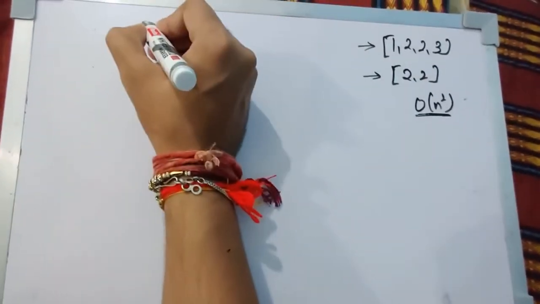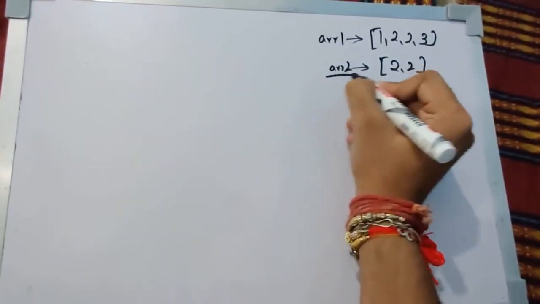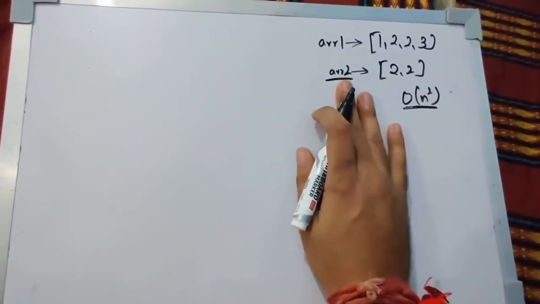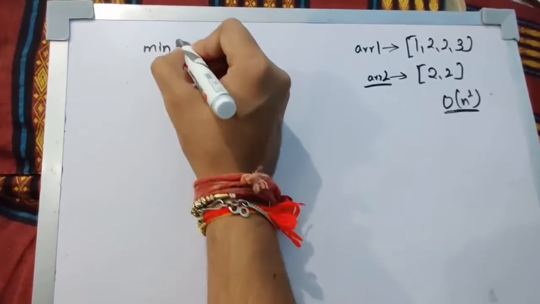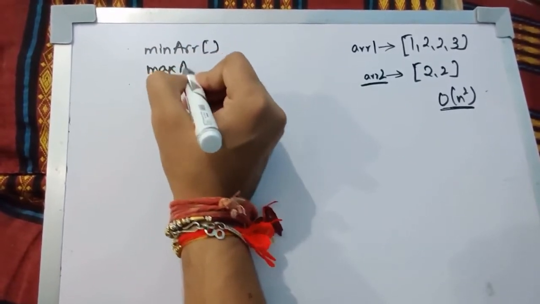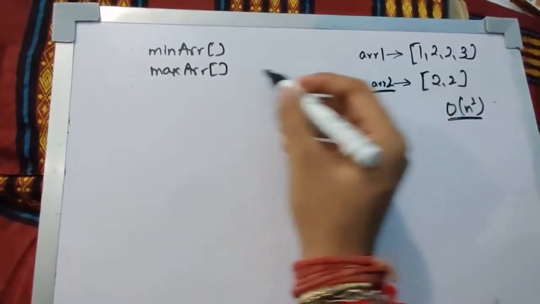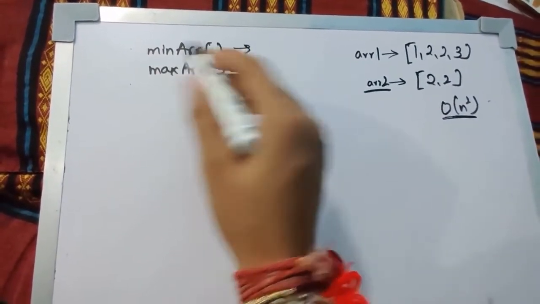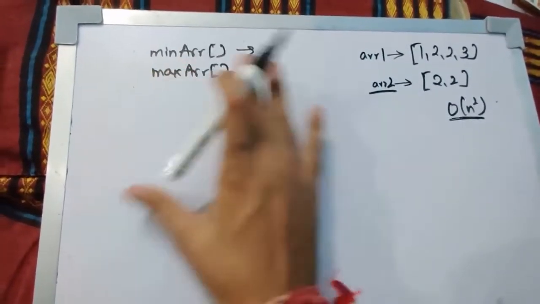Let's say this is array2 and this is array1; we already know that array2 is smaller. So we will create or maintain two arrays, min array and max array. Then we can say that this array is max and this array is min. I can provide you the if-else condition. It's pretty easy, you can do that.